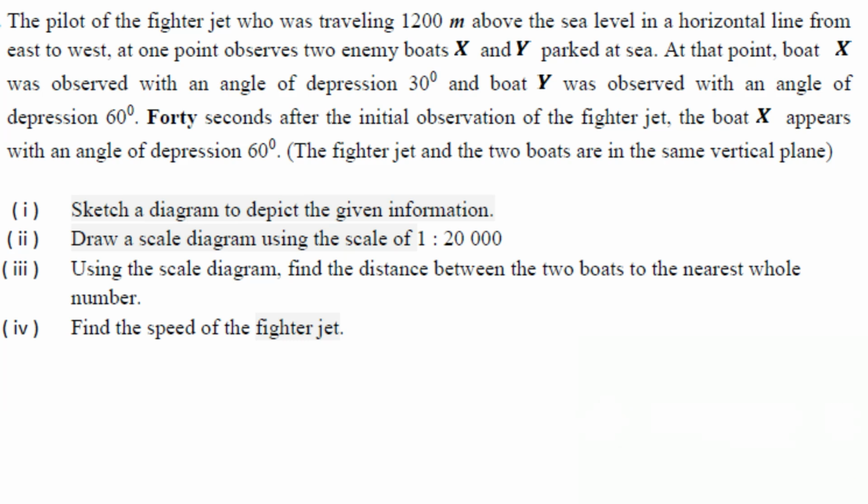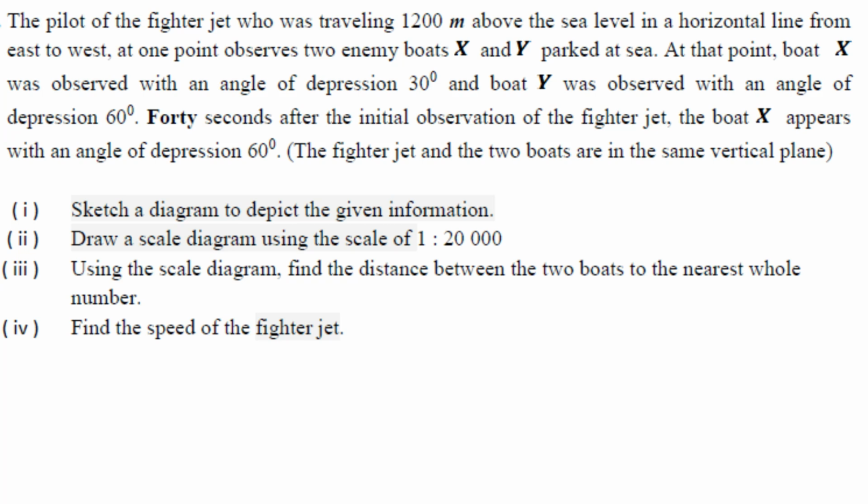At that point, boat X was observed with an angle of depression 30 degrees and boat Y was observed with an angle of depression 60 degrees. 40 seconds after the initial observation of the fighter jet, the boat X appears with an angle of depression 60 degrees. The fighter jet and two boats are in the same vertical plane.